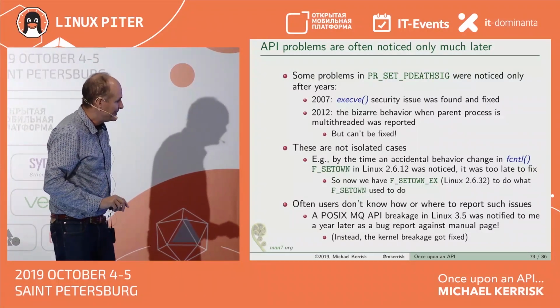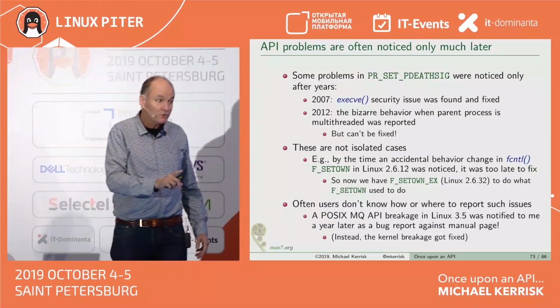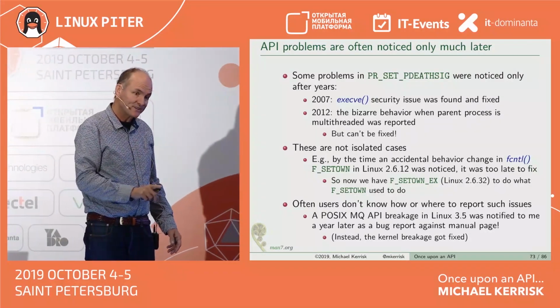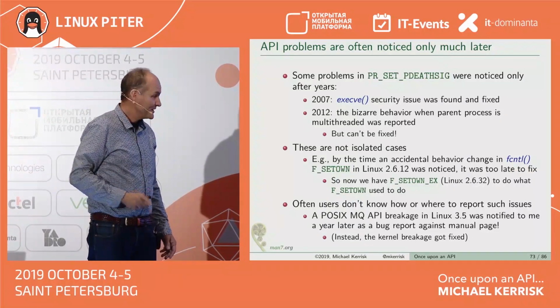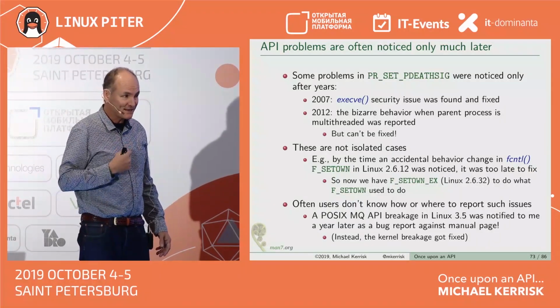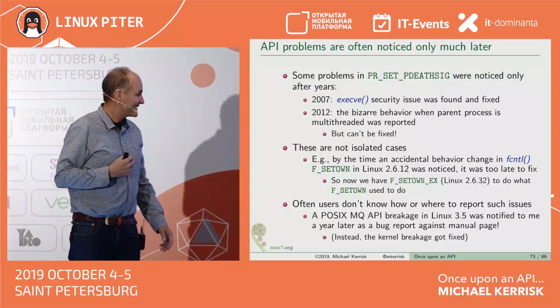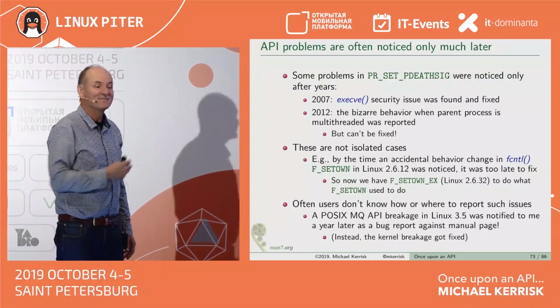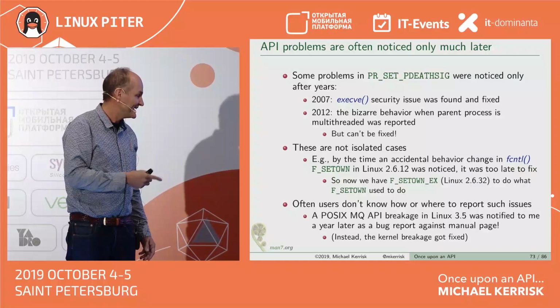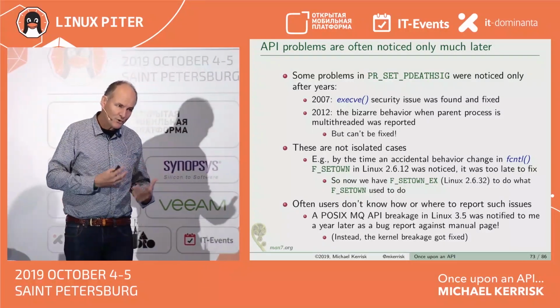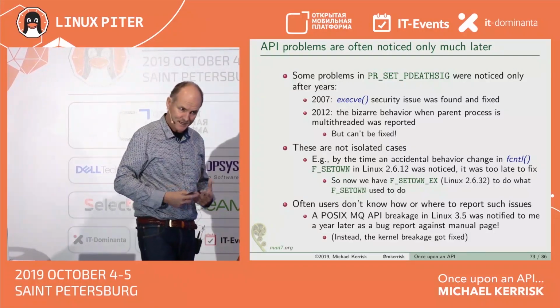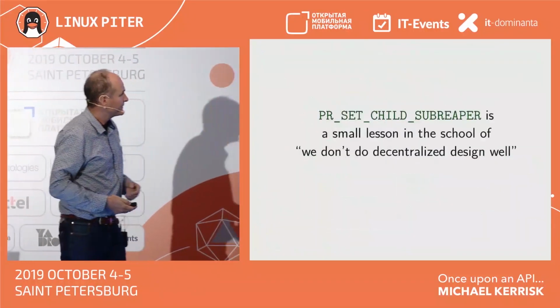Okay? And they even knew that behavior had changed because their program that formerly had worked now didn't work any longer. And so they sent me a bug report saying, fix the manual page. And I got in contact with the kernel developer concerned and said, fix the kernel. Okay? And that's what was done. But users often don't know how to report the problems, and it takes them a long time.